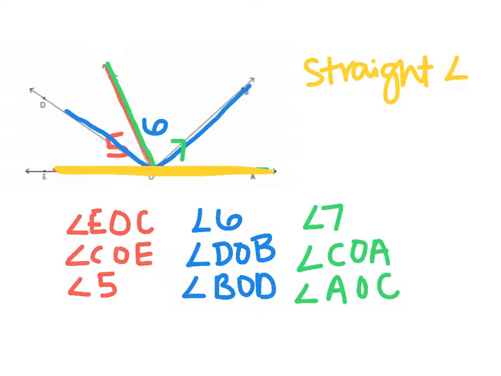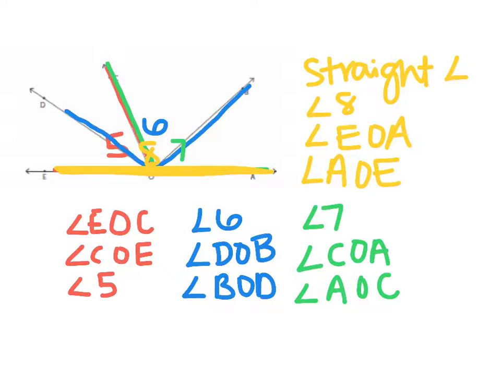This could be named angle 8 if I wanted to label it with a number, or it can be labeled angle EOA. It could also be named AOE. Quite frankly, it could be line AE.